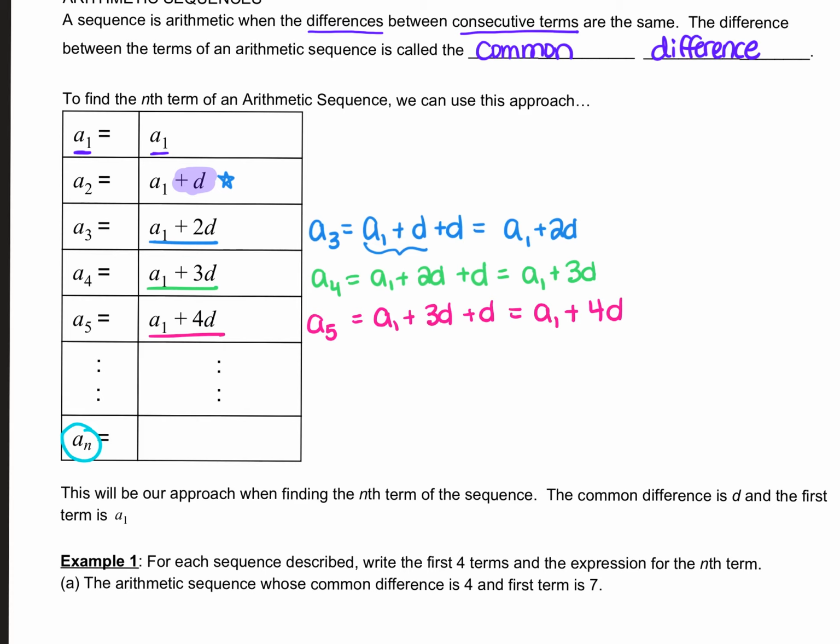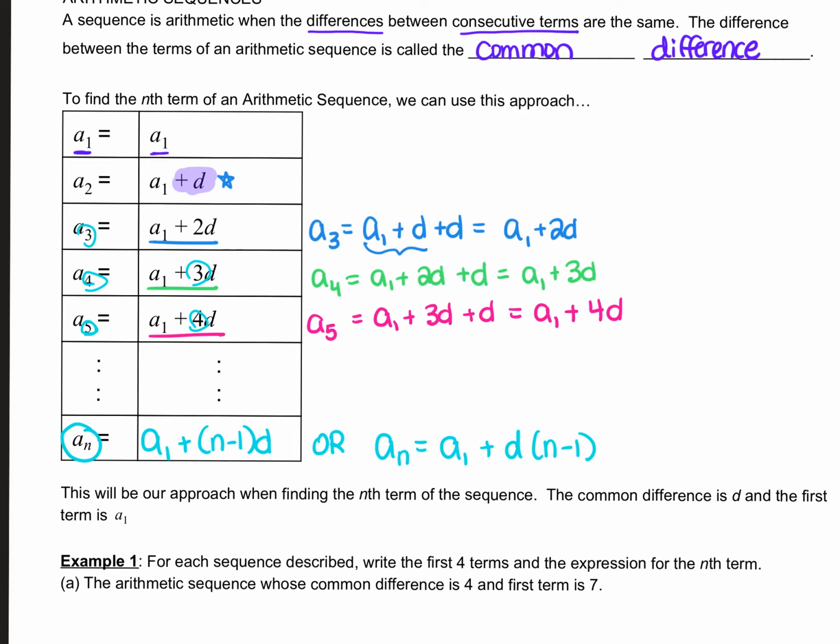Look at our pattern, pause the video for a moment, and see if you can find it. Maybe you came up with something like what I have written here. I hope you noticed that for the fifth term, we added d to the first term 4 times. For the fourth term, we added d 3 times.